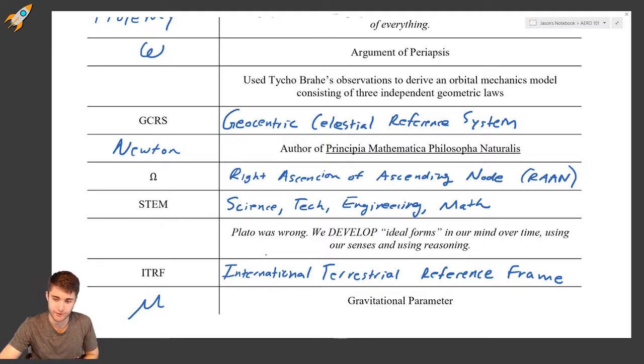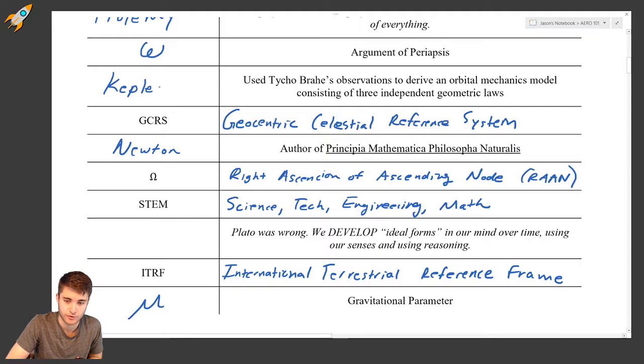So the answer to these two are as follows. It was Kepler. Kepler is the astronomer and the mathematician that used all of Tycho Brahe's observations and derived an orbital mechanics model that consisted of the 3 Kepler's laws.